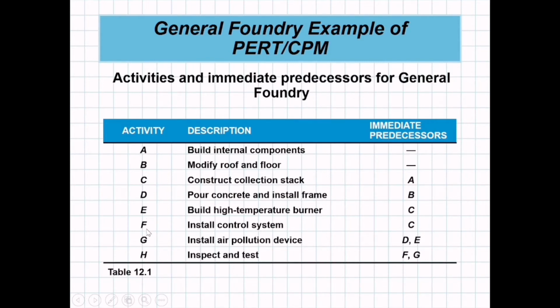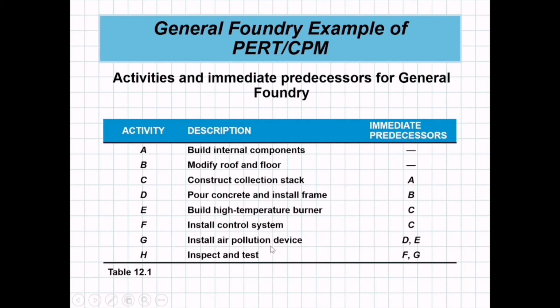For activity E and F, they have the same immediate predecessor, which is C. So you cannot build high temperature burner and install control system unless you are done constructing the collection stack. And for G, install air pollution device, your immediate predecessors are activity D and activity E, meaning you can proceed with installing air pollution device when you are done with pouring concrete and install frame and building high temperature burner.